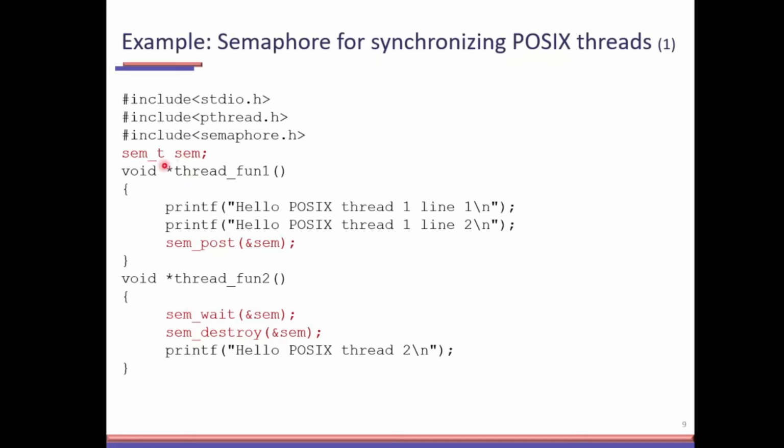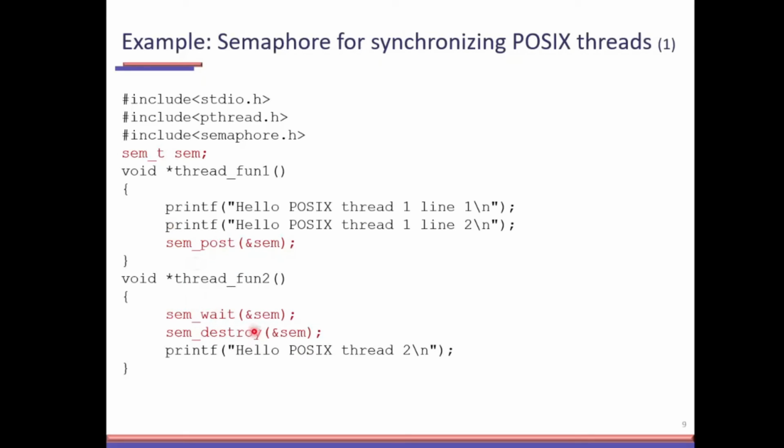Both of these tasks start running in parallel. However, this task will start execution only when it gets access. sem_post will make the semaphore value available as 1, and that value 1 will be taken by this, and it will exit.